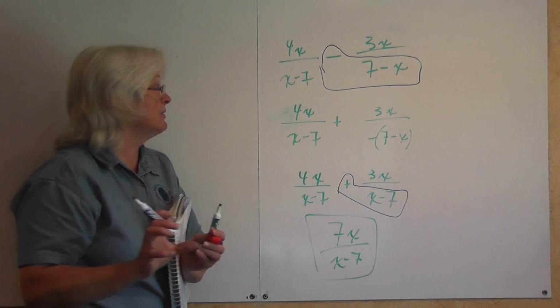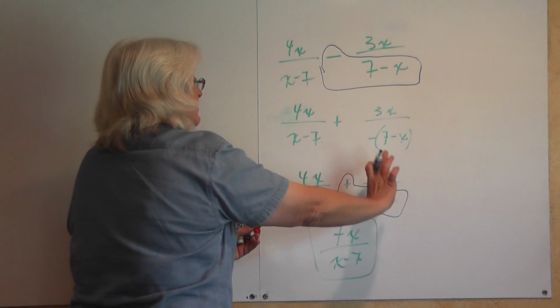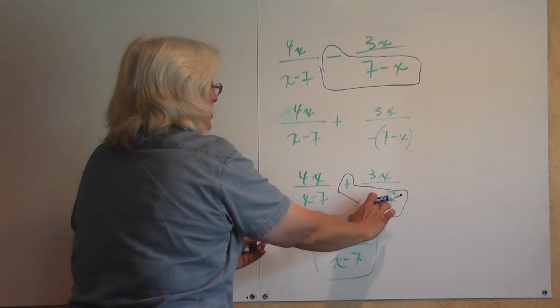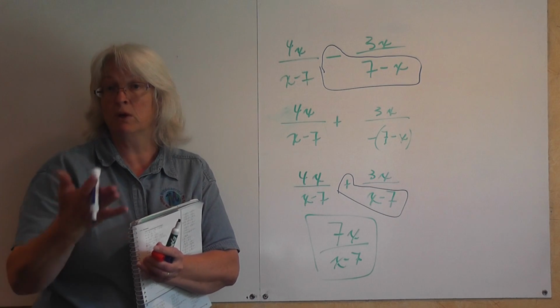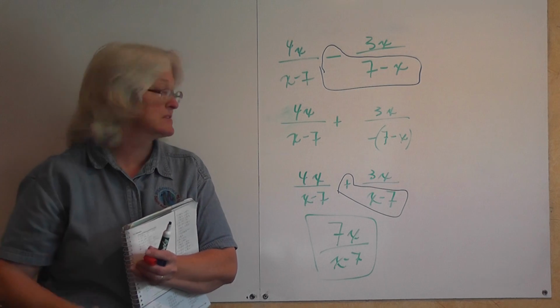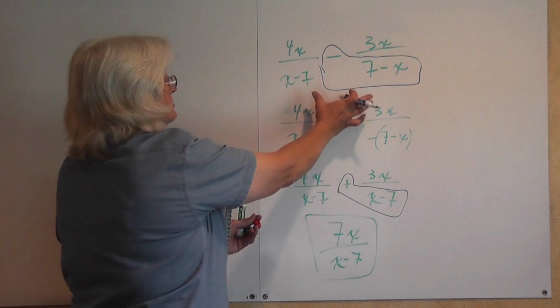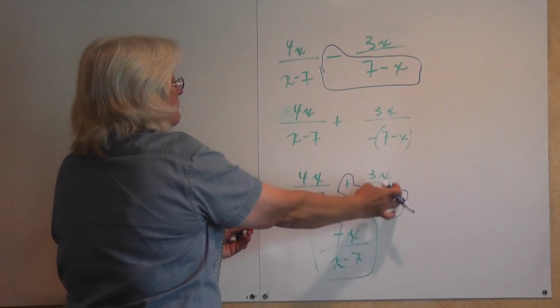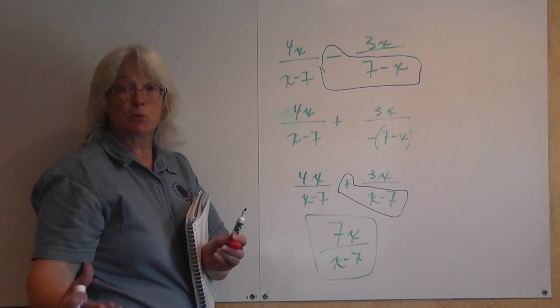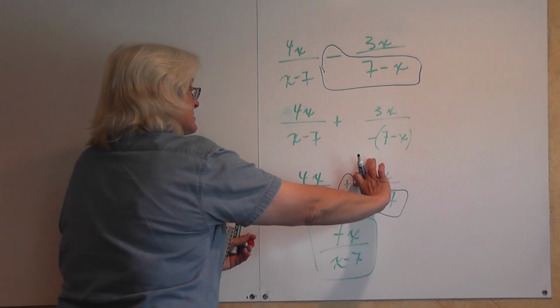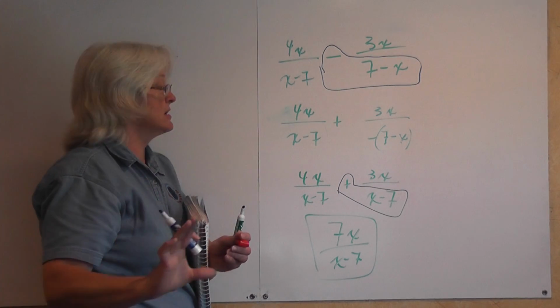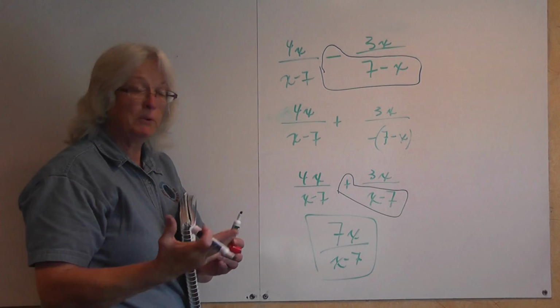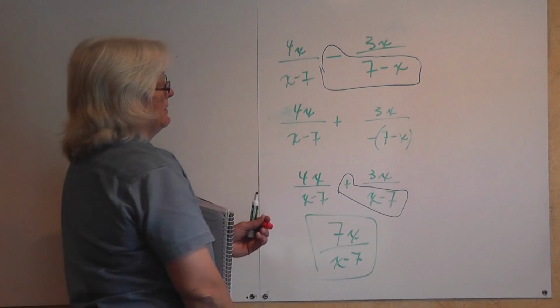They have different values, but the relationship that they have is that they are opposites of one another. You can use the truth of the statement that subtraction is the same as adding the opposite to come up with another form of this rational expression that allows us to manipulate the form so that we have a common denominator.